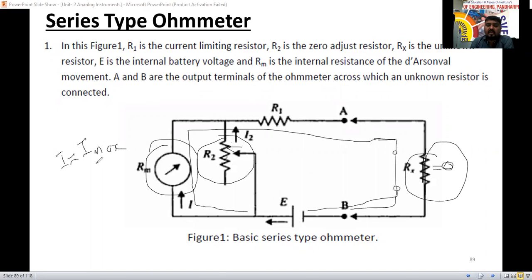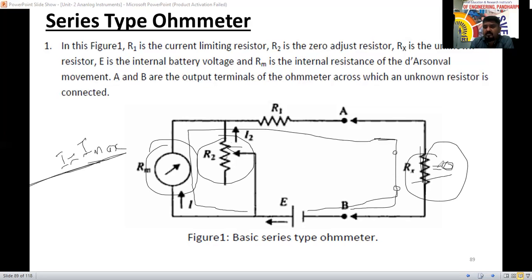If it is maximum, then the current will be 0 here. This is one condition: if the resistance is 0, it acts as a short circuit, and then I is I max, the maximum current. Is it clear? First condition.